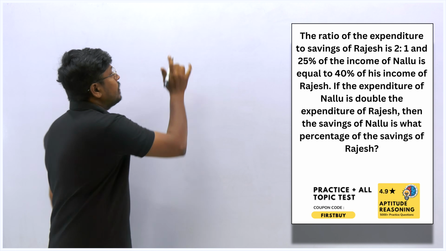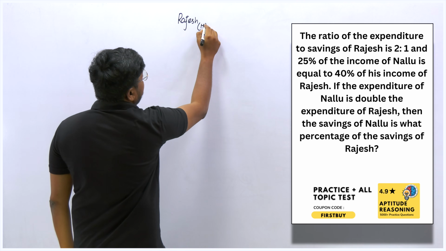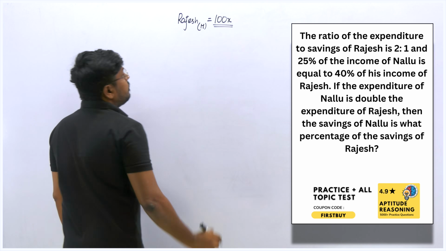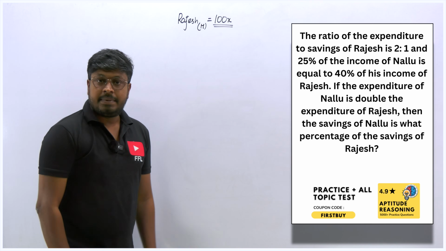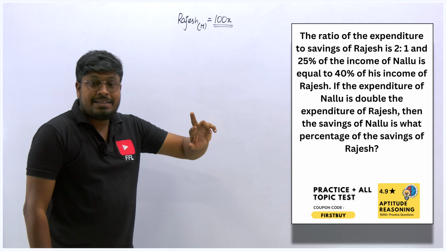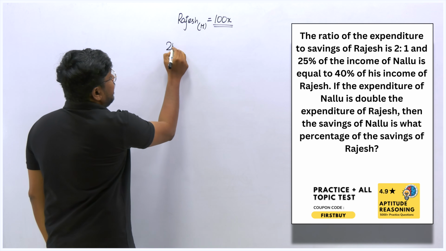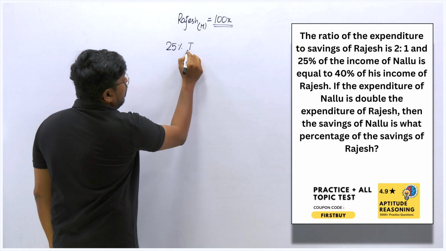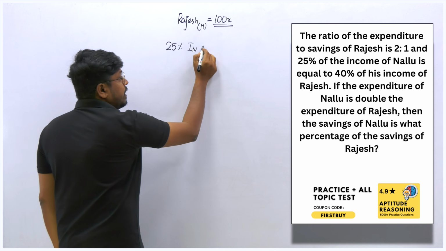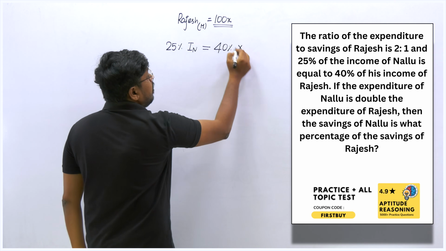Now what I can do is fix Rajesh's monthly income or salary, which will be 100x. Let's fix it like this: the income of Rajesh will be 100x. Next, let me find the income of Nallu. 25% of the income of Nallu, we don't know the income of Nallu, but 25% of it is equal to 40% of the income of Rajesh.